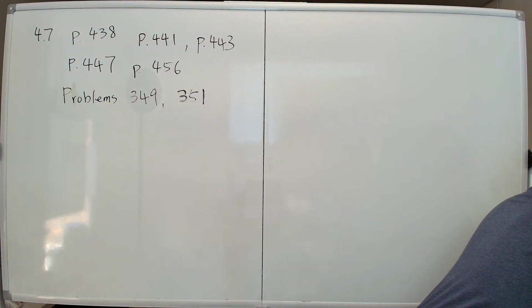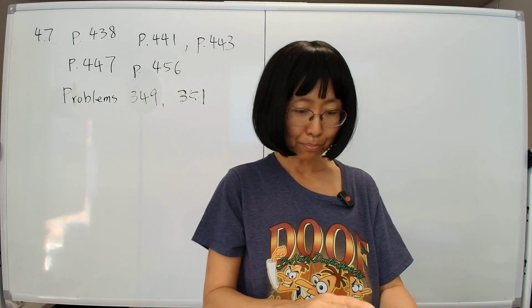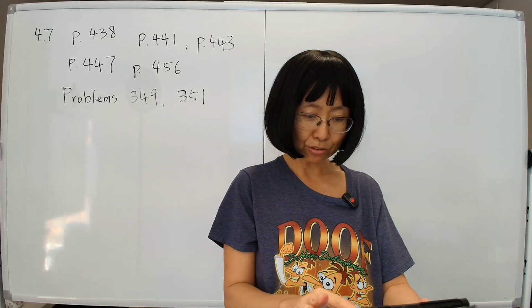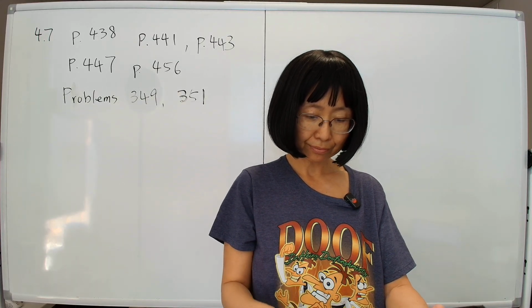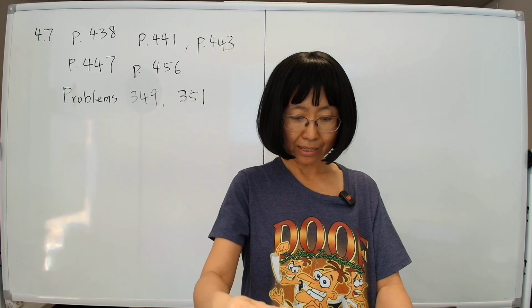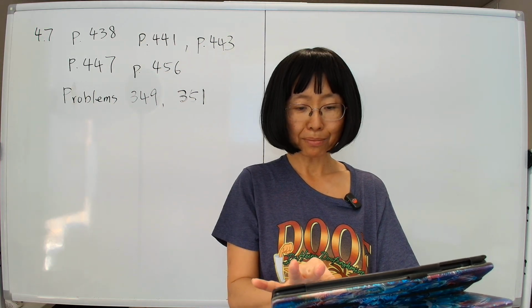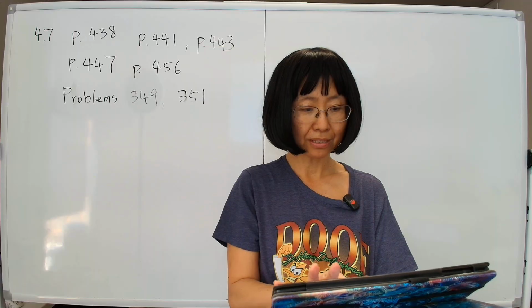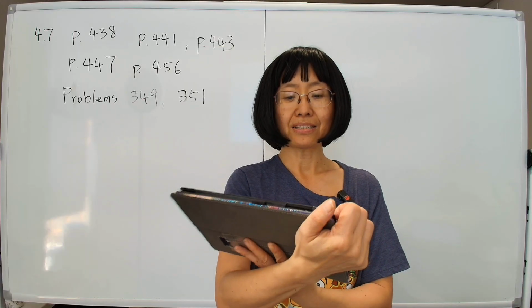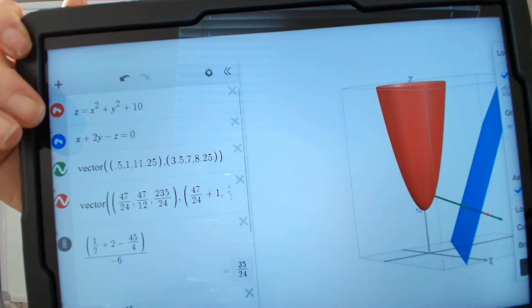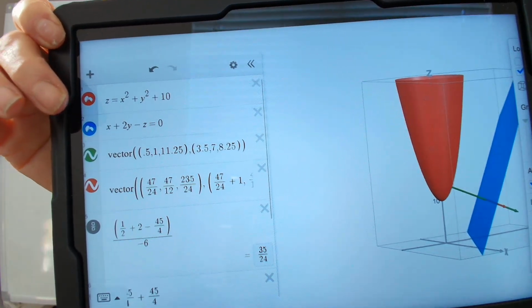Now, I also plotted this thing on the calculator, and I ask you to do the same. Let's see. Yes, here it is. Here's my plot. Let me move this. As you can see, here are my two surfaces. There is the x squared, z equals whatever.